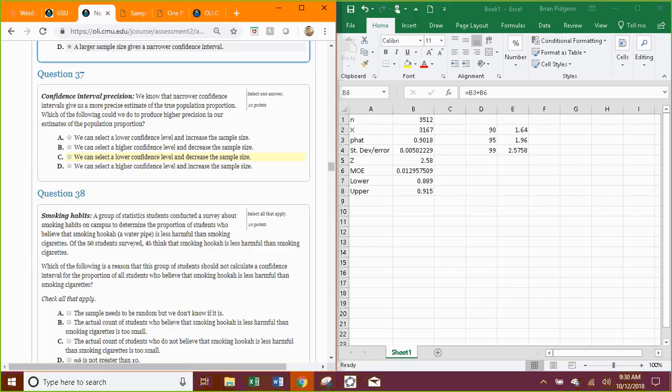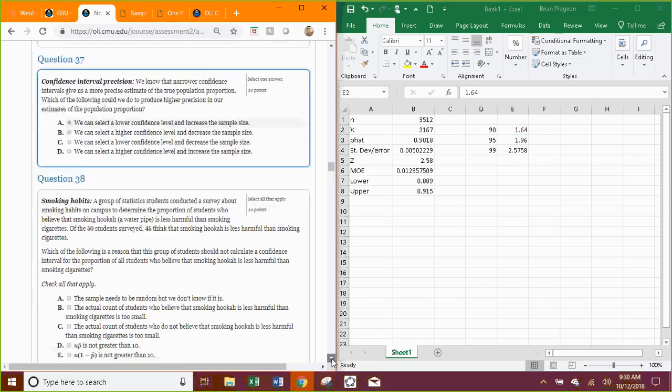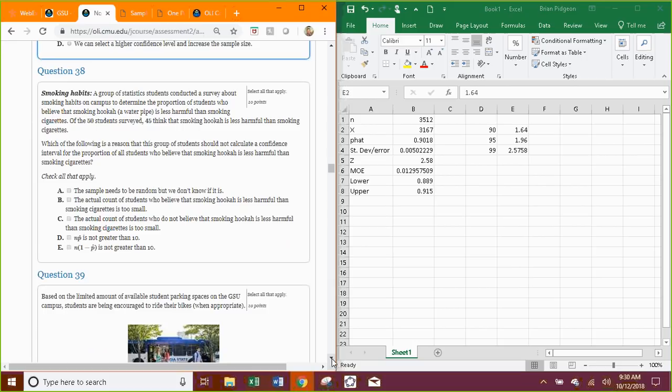But we also have to then say, do we lower the confidence or raise the confidence? Well, if you look at these values of z for these confidence levels, if we want a narrower confidence interval, that means that we want a smaller degree of confidence because our multiplier is smaller. So we select a lower confidence but a higher sample size.